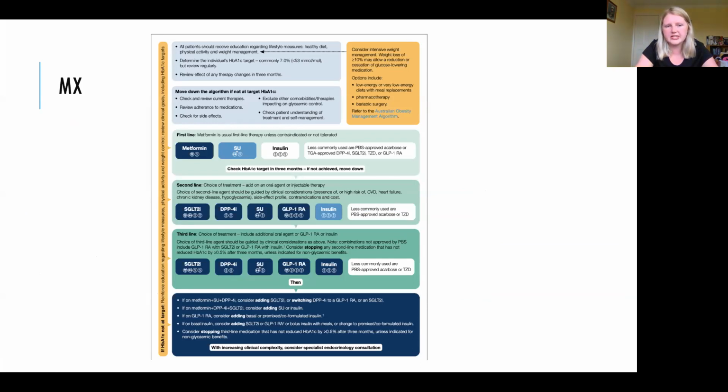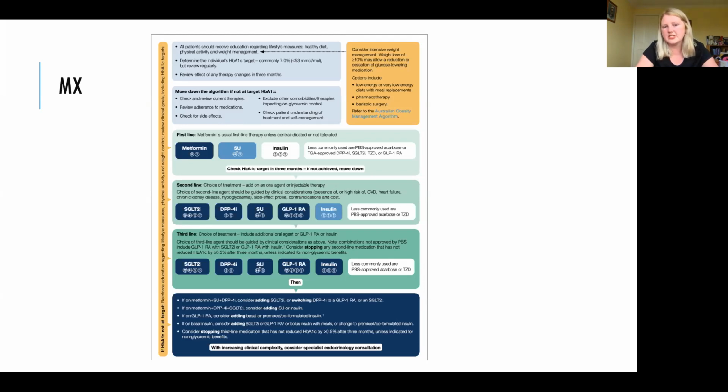So as I've mentioned with the questions previously, metformin is our first line agent, but if the patient's HbA1c or blood sugars aren't excessively high, we can try diet control of their diabetes in the initial 3-month period, and then we would review that and assess whether that's been enough to get their blood sugars down. If not, we can obviously then add in what is normally first line, metformin.